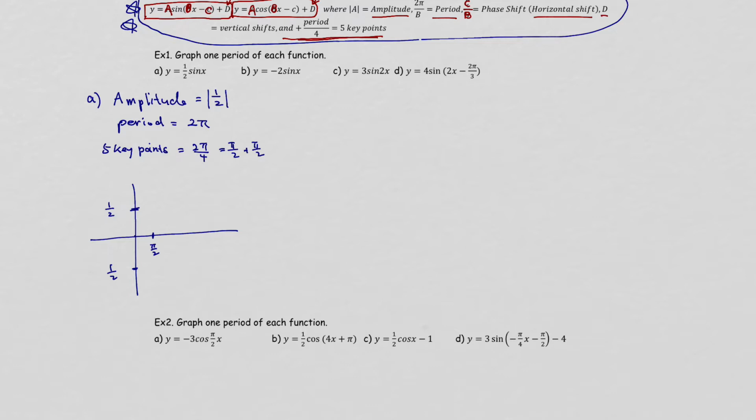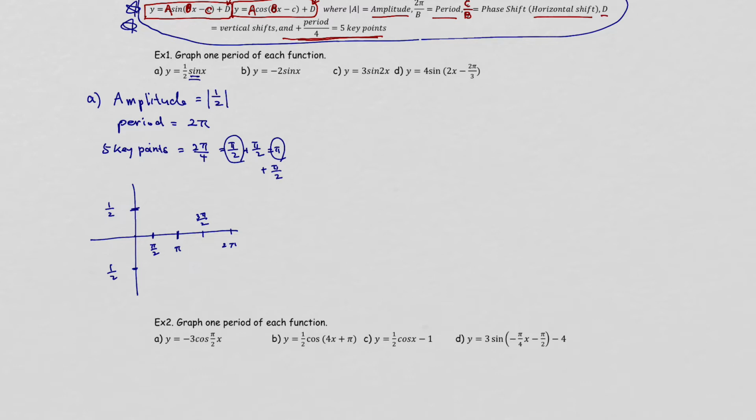To find the next one will be 2 pi over 2, which is pi, right? So the next one is going to be pi. This is the first. And then when you're adding pi over 2 again, that's going to be 3 pi over 2. And then the next one will be 2 pi.